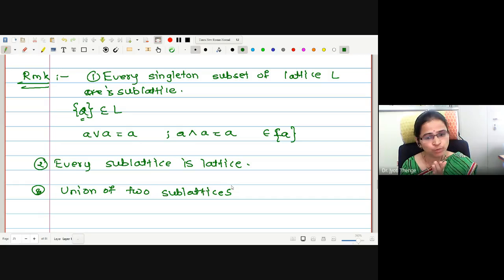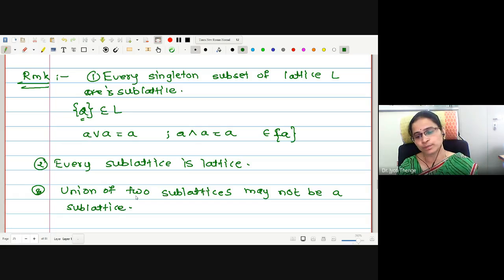Is it a subgroup always? Union of two sublattices may not be a sublattice, with the same reasoning as for the group.